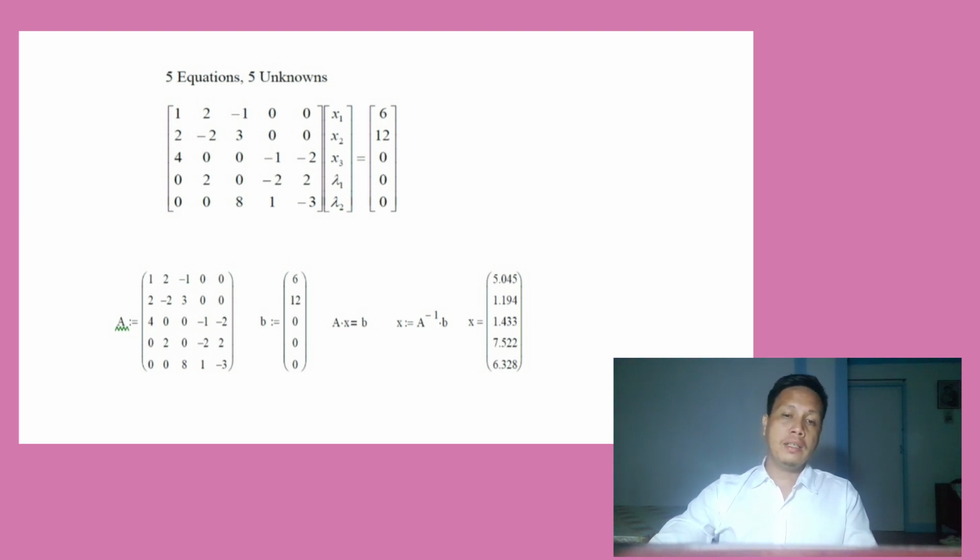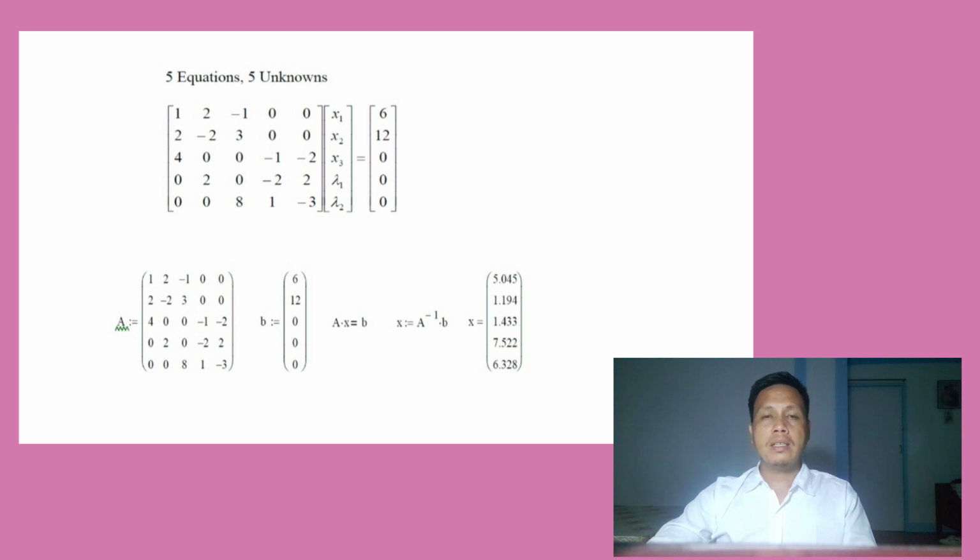Using matrix inversion, the coefficients 1, negative 1, 0, 0, 2, negative 2, 3, 0, 0, 4, 0, 0, 1, negative 1 and negative 2, times x sub 1, x sub 2, x sub 3, lambda 1, lambda 2, is equal to 6, 12, 0, 0.